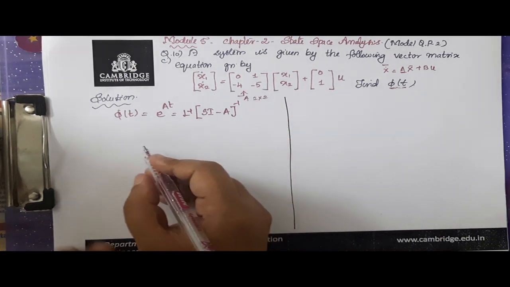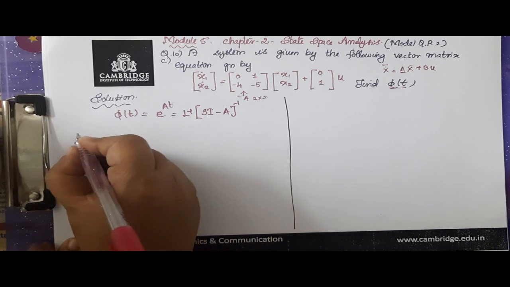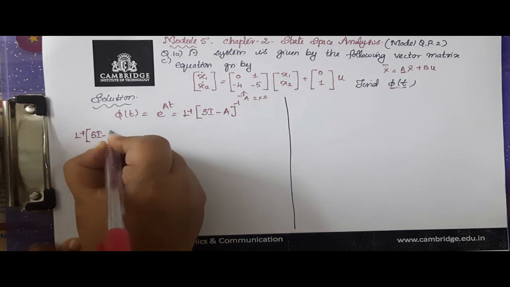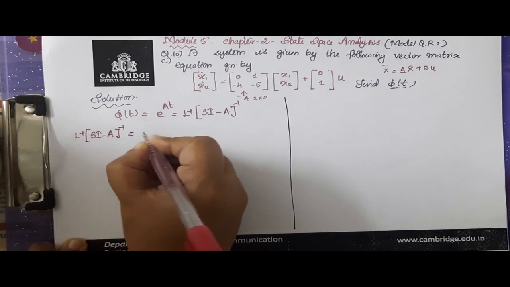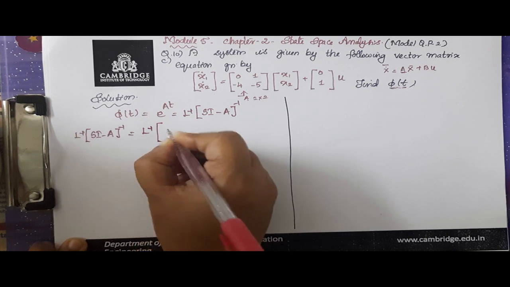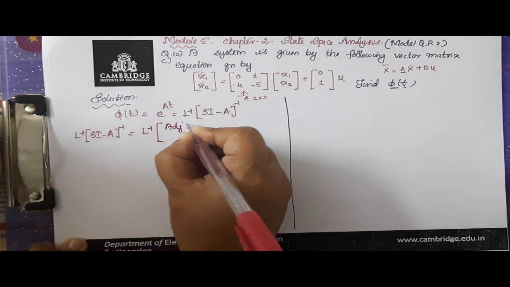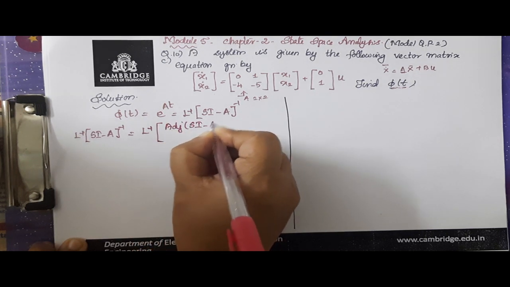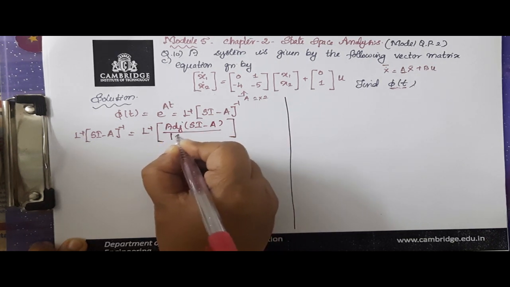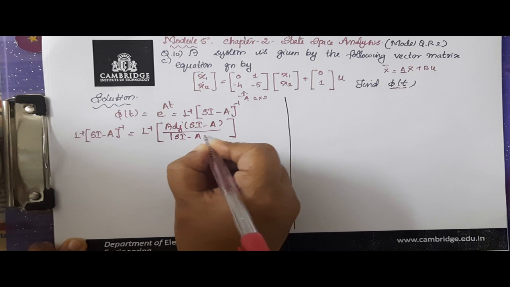Here, (sI minus A) the whole inverse is given by adjoint of (sI minus A) divided by determinant of (sI minus A).